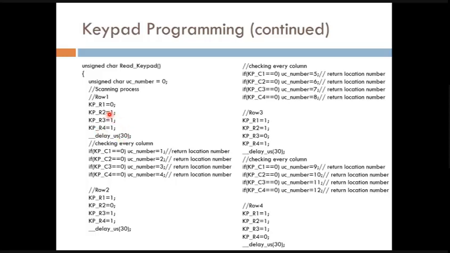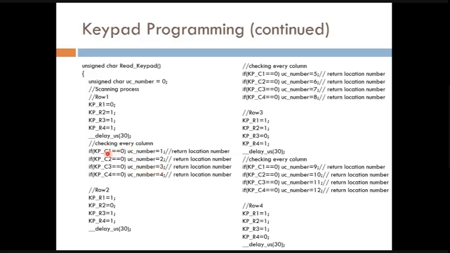Make sure you use the same name and the same format. So you first set row 1 equal to 0, and then you check. If the condition is true, you return the location number. The location number will be first, second, third, and then the fourth. You go checking one by one.